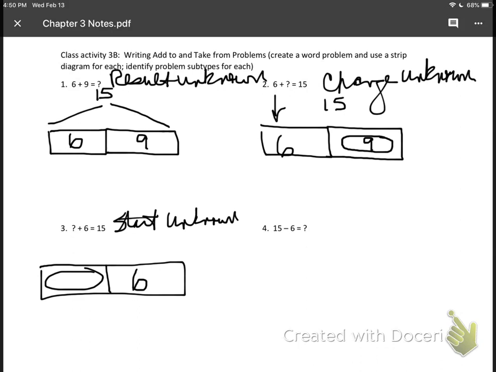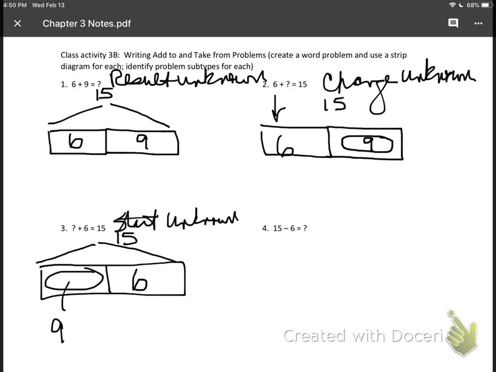When he opened the M&Ms and spilled them out, he discovered that he had 15 in all. So if he had 15 at the end, and he was given 6 additional, then he must have had 9 to begin with. So start unknown, the start was 9.